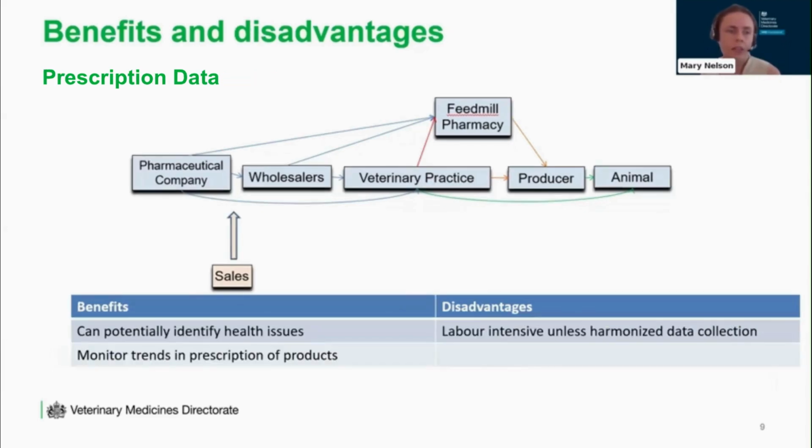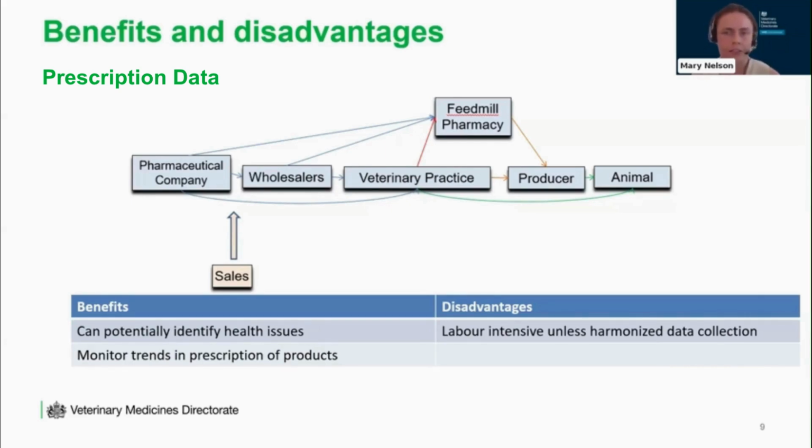The next group is prescription data. Prescription data can be obtained from veterinary practices, the producer as the receiver of prescriptions, or the feed mill if medicated feeds have been used. A benefit of this data is that it can be correlated to disease issues, which can provide an understanding of the use of antibiotics for sectors.